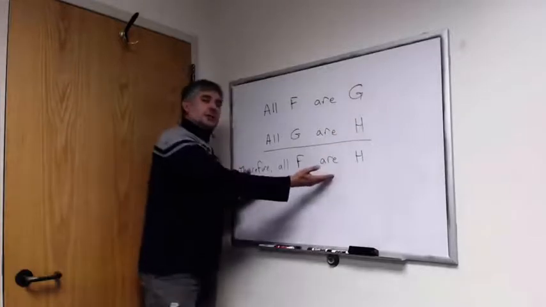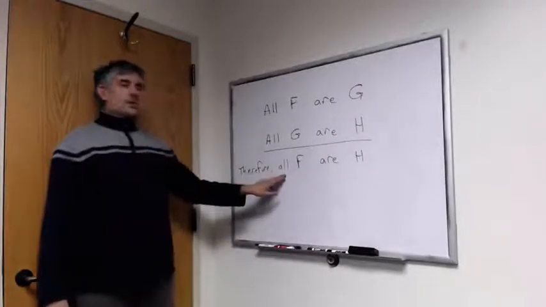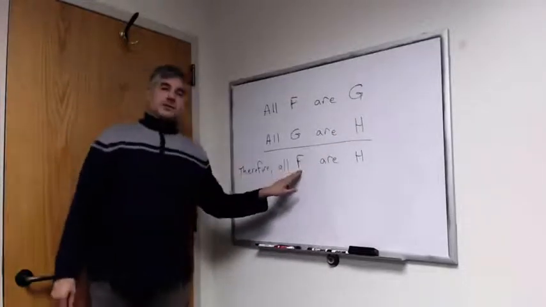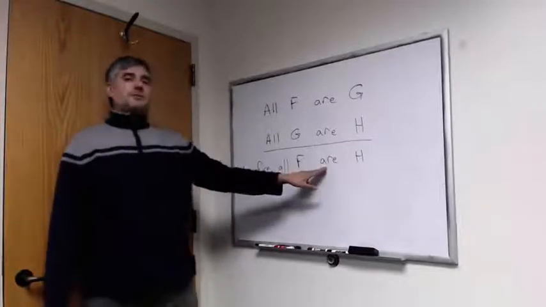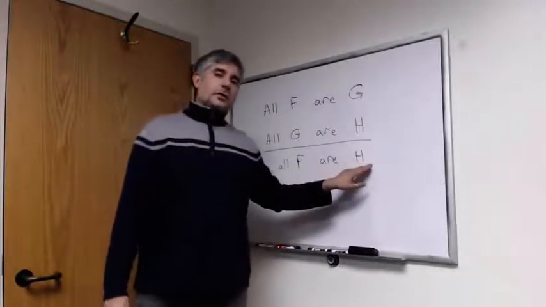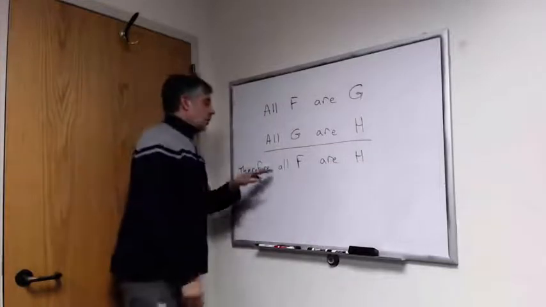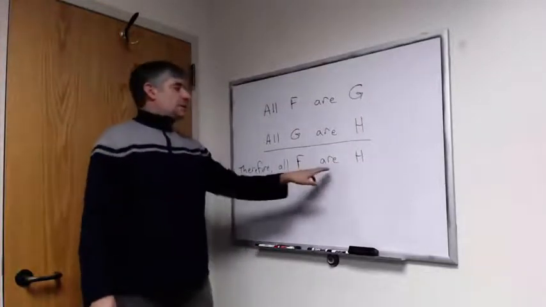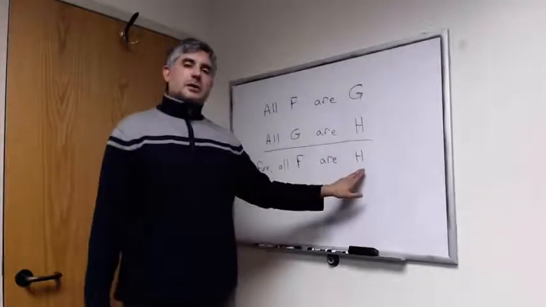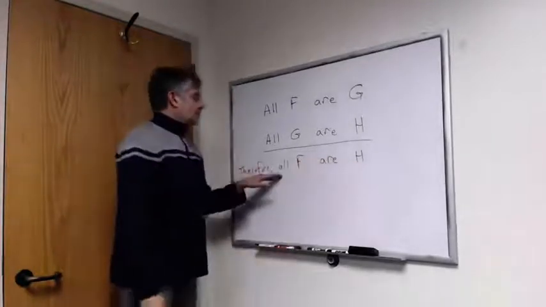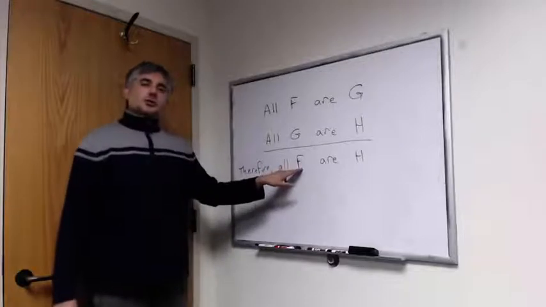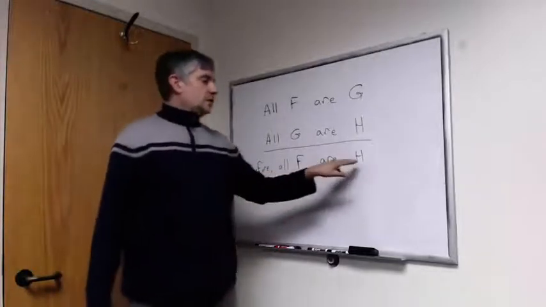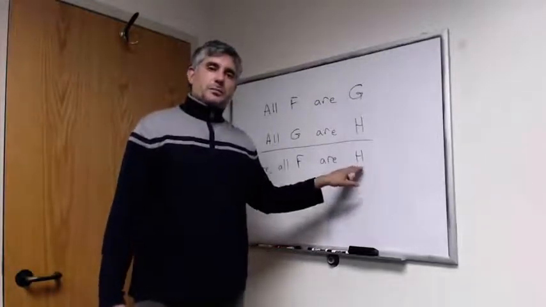And then the conclusion said that all things that fall into that first category also fall into the third category. For instance, all things that fall into the category square fall into the category having parallel sides. Or all things that fall into the category squirrel also fall into the category animal.